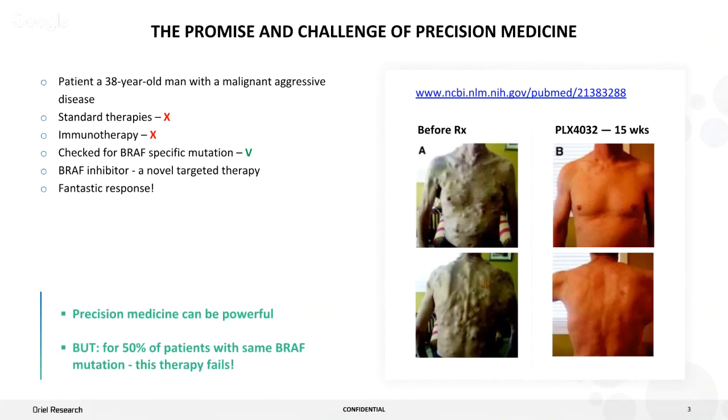So just a little bit about what precision medicine is, the promise and the challenges of precision medicine. We have this patient with melanoma lesions on his body, obviously very advanced melanoma. Actually, this is a patient from Dana-Farber here in Boston. He was tried on a standard immunotherapy that didn't work.